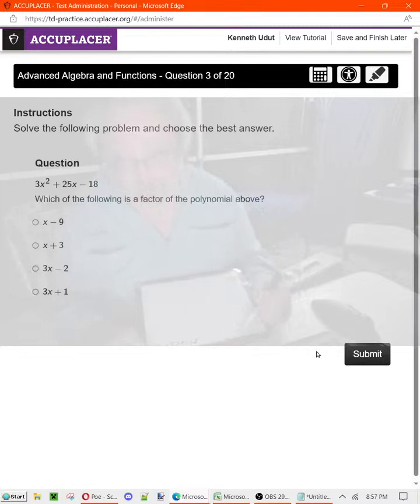So this is number 3. And those are my choices. So I'm going to start with the number 1. And I'm going to do 3. So 1 to the power of 2 is 1. So 3 plus 25x. 25 times 1 is 25.